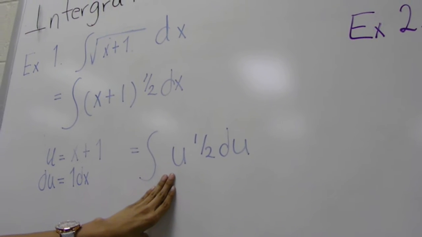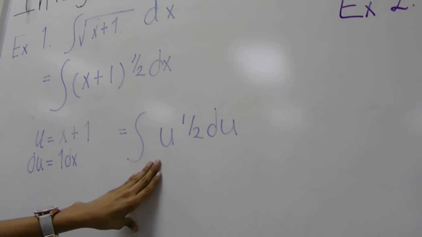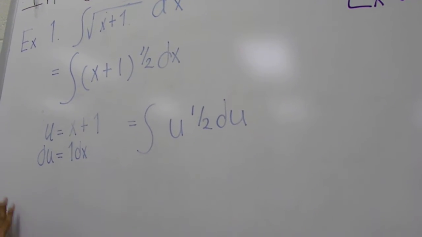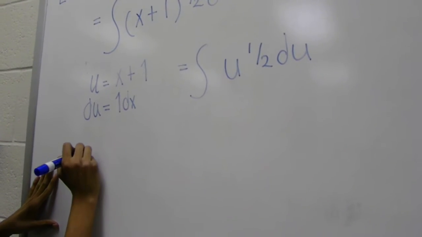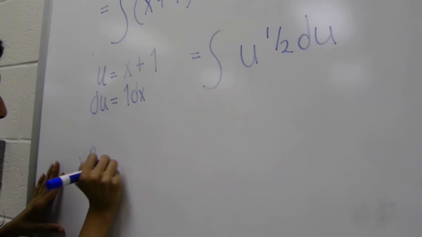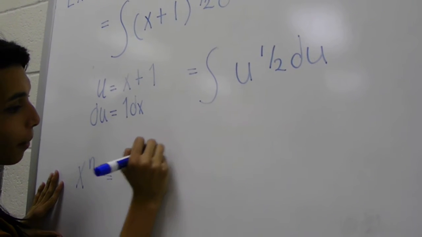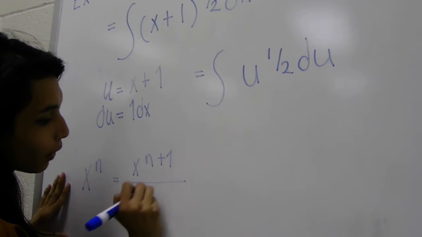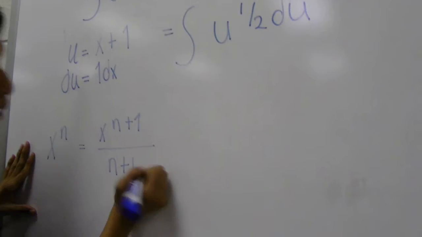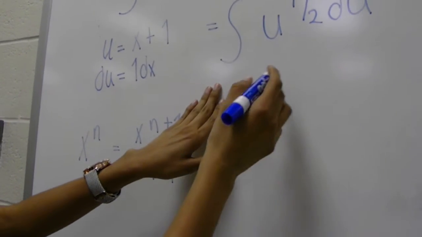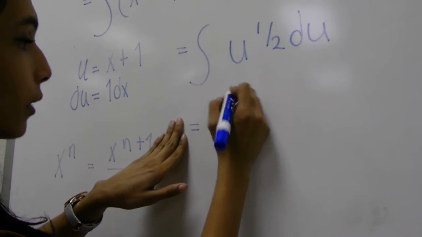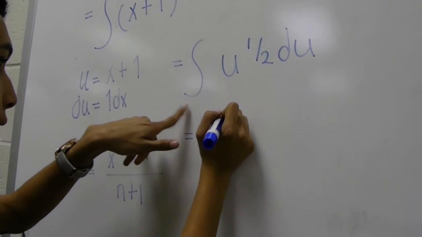By seeing this, we already have our problem solved, because we can use the power rule: the integral of x to the n equals x to the n plus 1 divided by n plus 1.